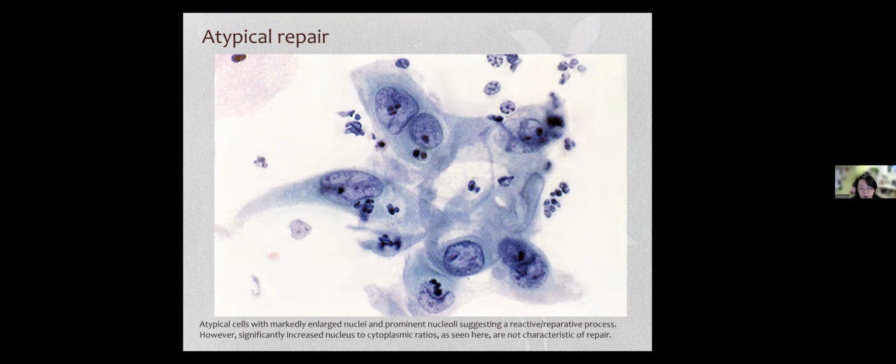So this is atypical repair. Atypical repair, I want to point out, can mimic squamous cell carcinoma because of the prominent nucleoli. It's normally rare, and it also has inflammatory cells surrounding it. But the chromatin is really fine and the nuclear contour is smooth.